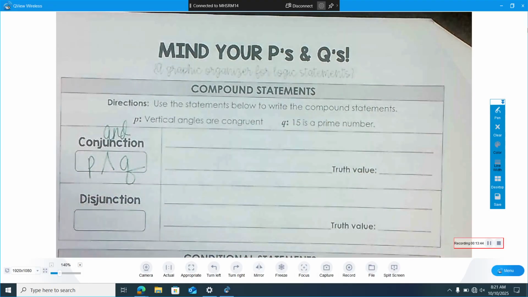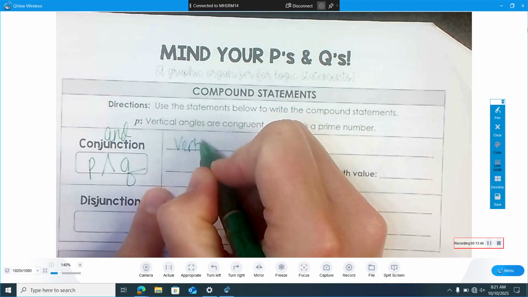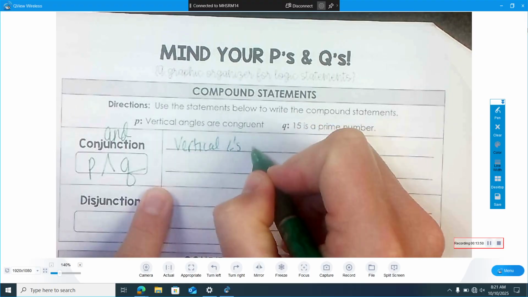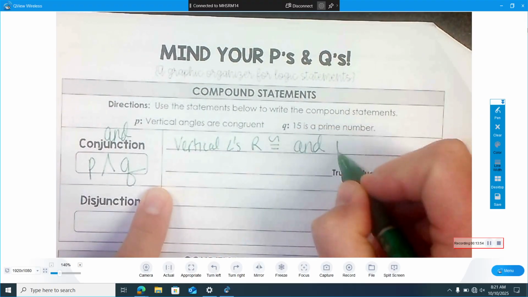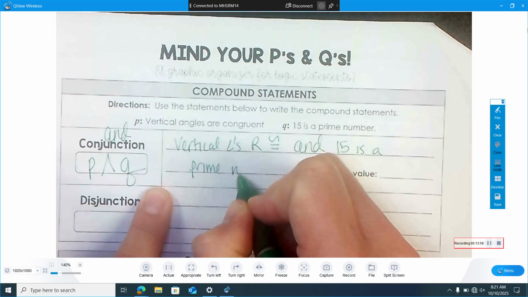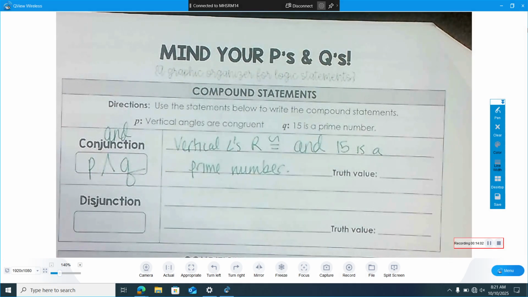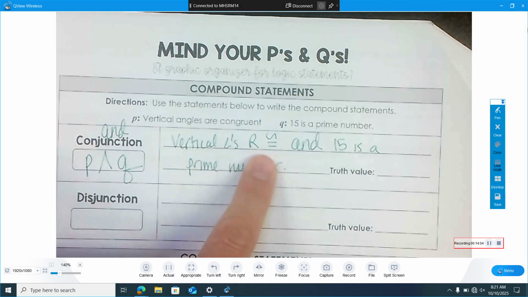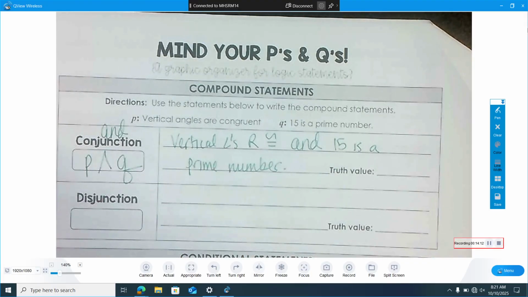So it's not a conditional statement. Yep. So we're going to say vertical angles are congruent, and 15 is a prime number. You see how I abbreviated? You're more than welcome to abbreviate.